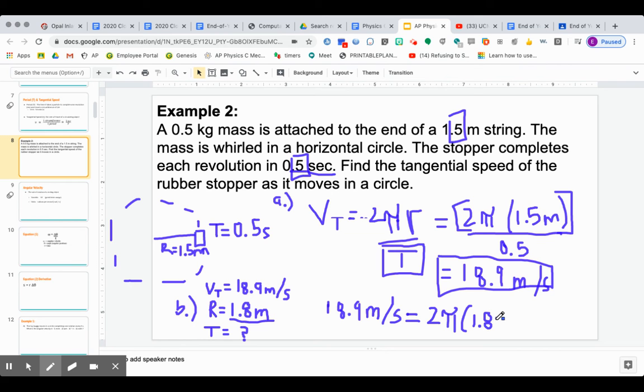So very, very long string there. And we're looking for our period. To get the period by itself, we need to multiply both sides by T.